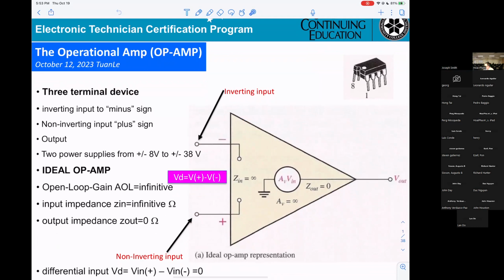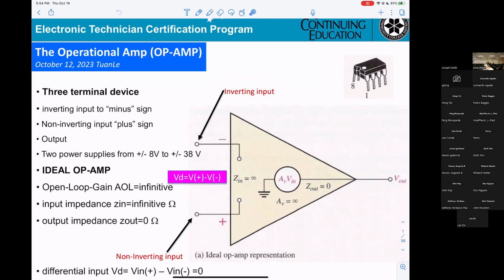They get 2 inputs, 1 negative, 1 positive. The input negative, they call an inverting input. And the one at the positive, they call a non-inverting input.